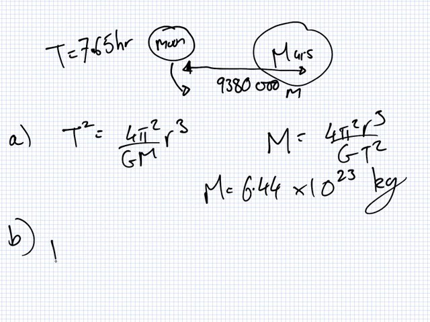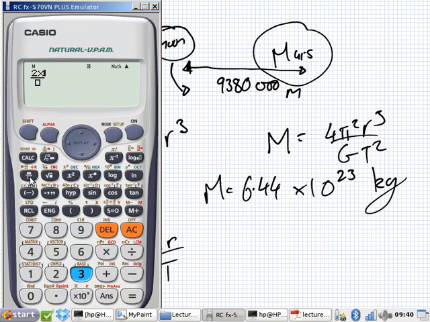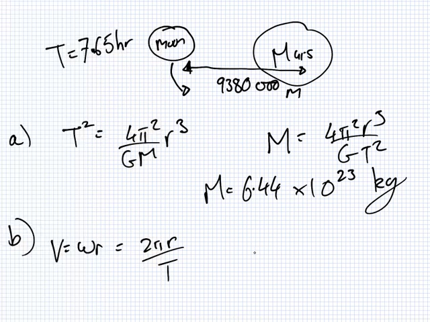So v equals omega r, which equals 2 pi r over T. So that would be 2140 meters per second.